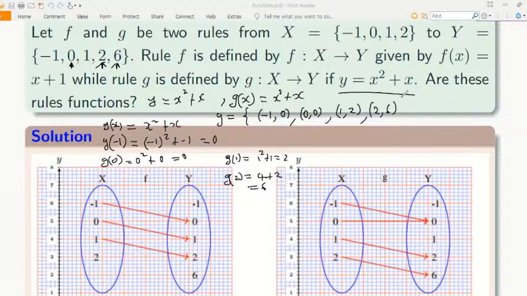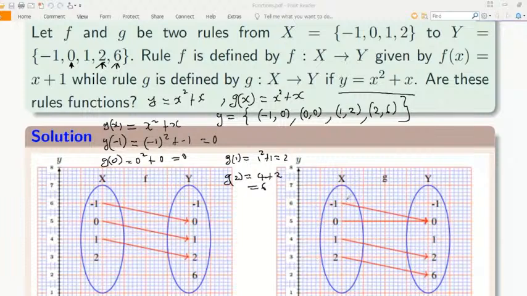Now, what am I saying here? I'm saying that every element in X has been assigned a single element in Y. Like -1 has been assigned to 0, 0 has been assigned to 0, 1 has been assigned to 2, and 2 has been assigned to 6.